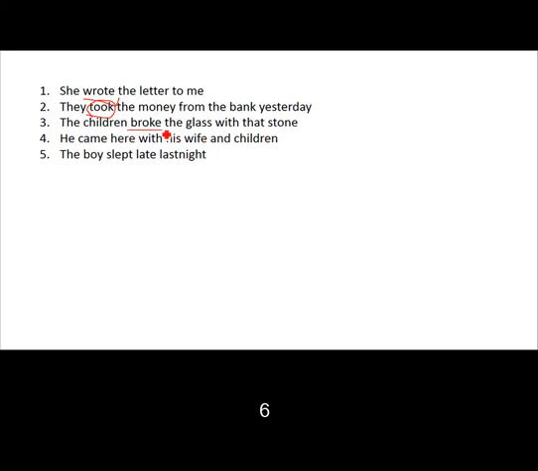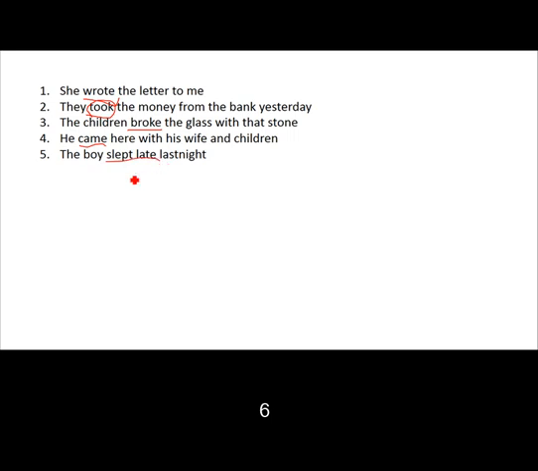Broke. The first form is break. The third, or the participle form, is broken. He came here with his wife and children. Came, the first form is come. The boy slept late last night. Slept late.